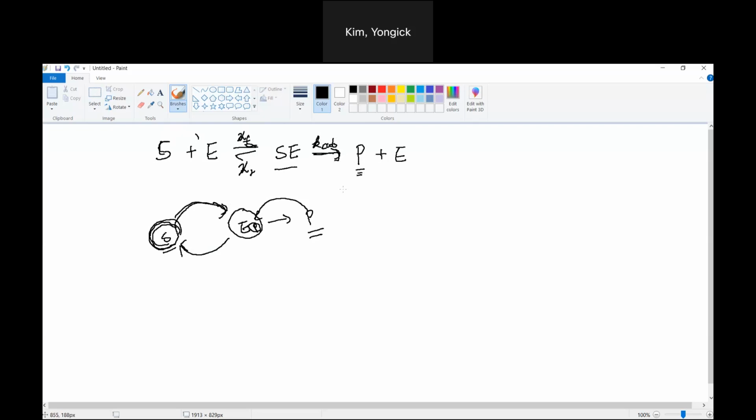Okay, so this is a very basic model of the biochemical enzymatic reaction. This model can be made into an equation. We want to know the speed of the reaction.